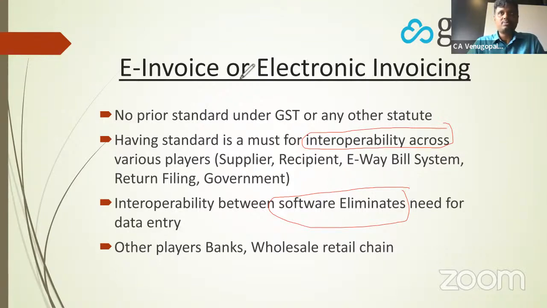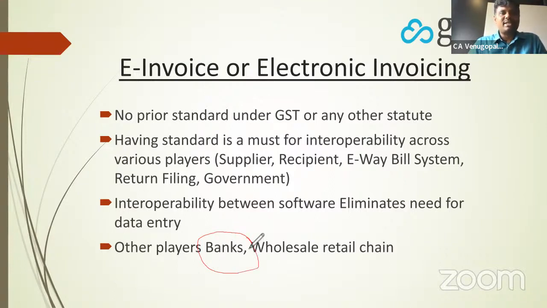But now, with the new system, the interoperability is there. And the e-invoice is also bringing other players into the ecosystem, like bankers who are giving invoice-based financing and discounting. All those options are being given.